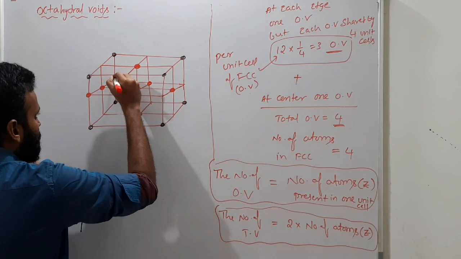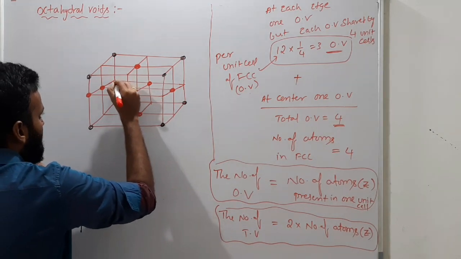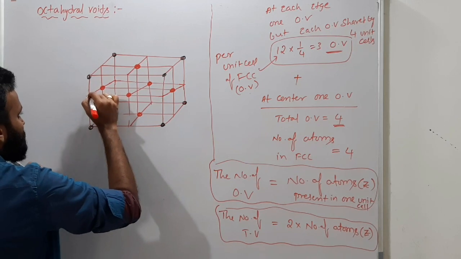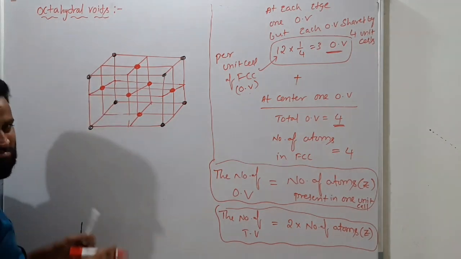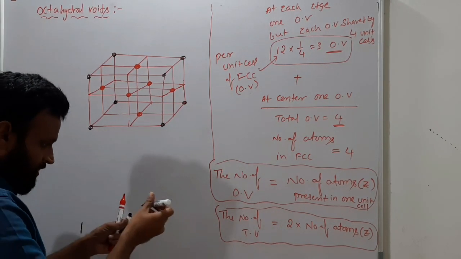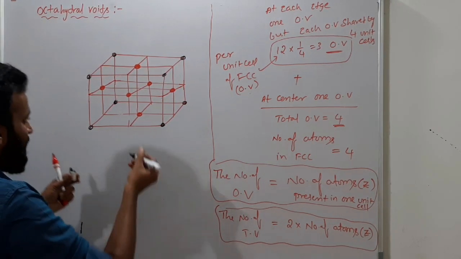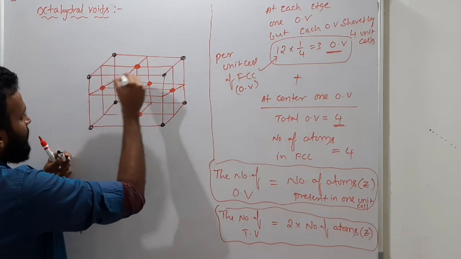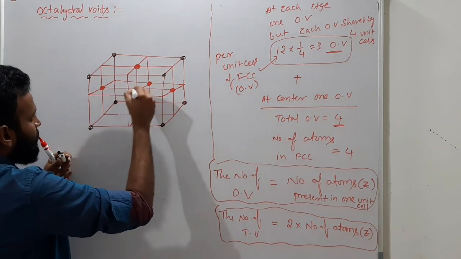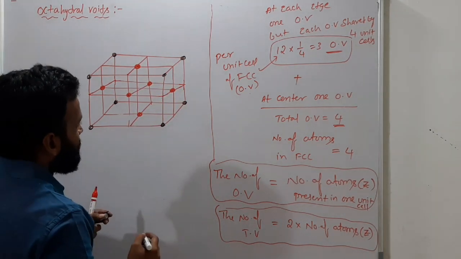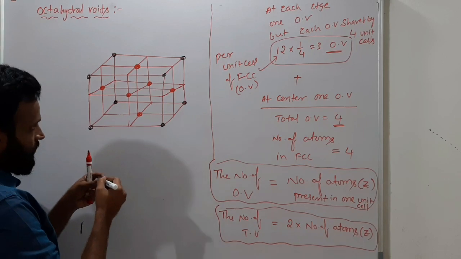So here also the same story. Just see how I am drawing that. I will put one dot like this: 1, 2, 3, 4, 5, 6. Listen carefully.